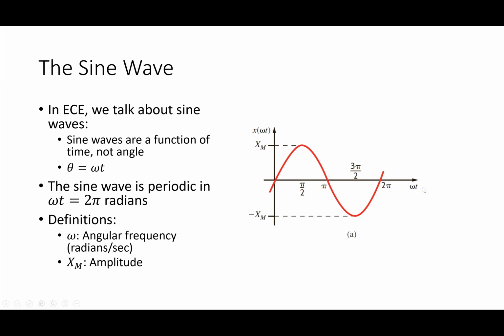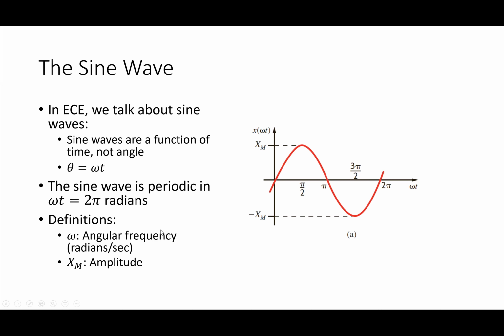What does it mean that theta, the angle, equals omega times t? Is it equal to the angular frequency times time? Yeah, which ultimately means that the angle is advancing as a function of time, and how fast that angle is advancing is a function of omega, the angular frequency.